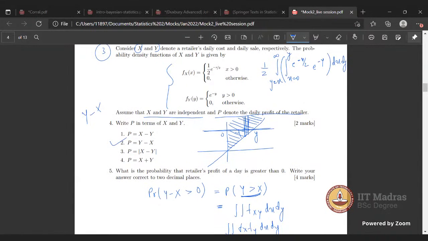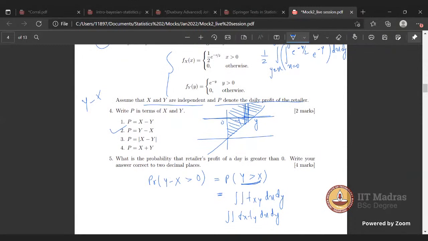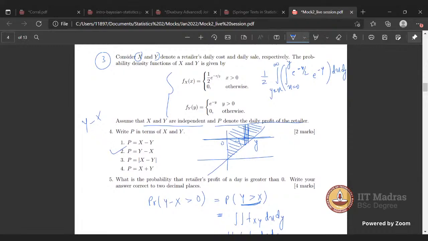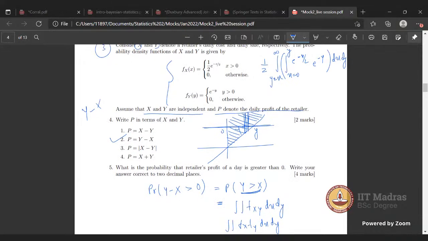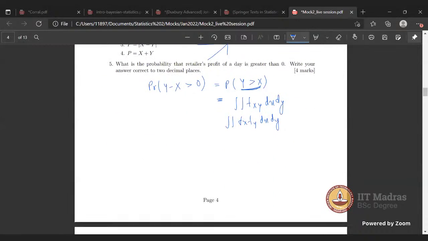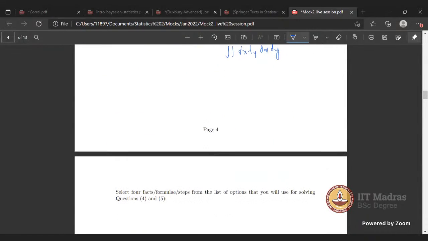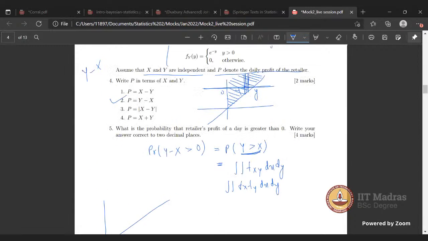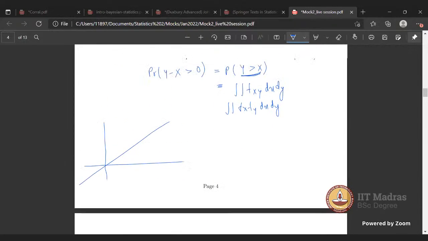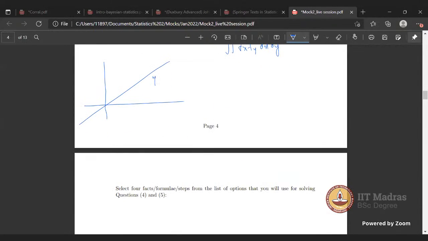Okay. No, this is not right. So it is y minus x. Y is greater than x.